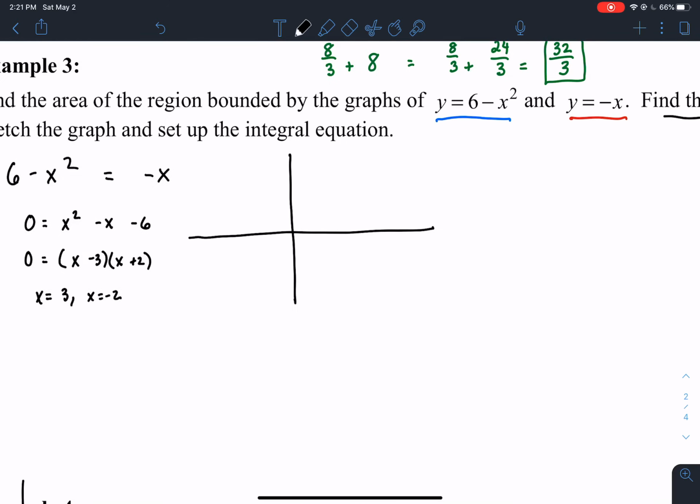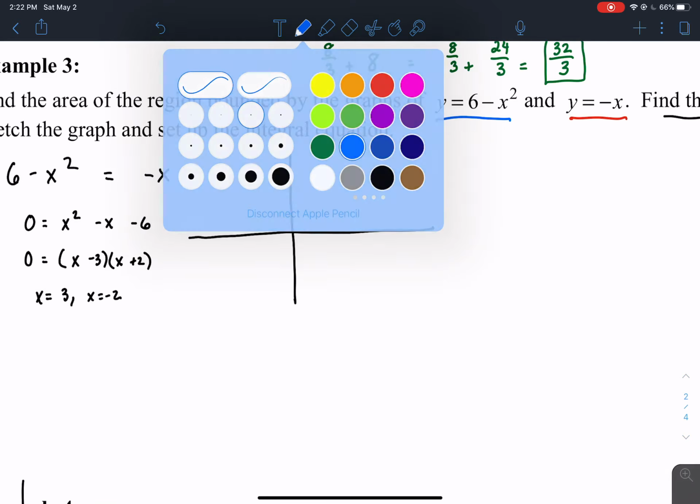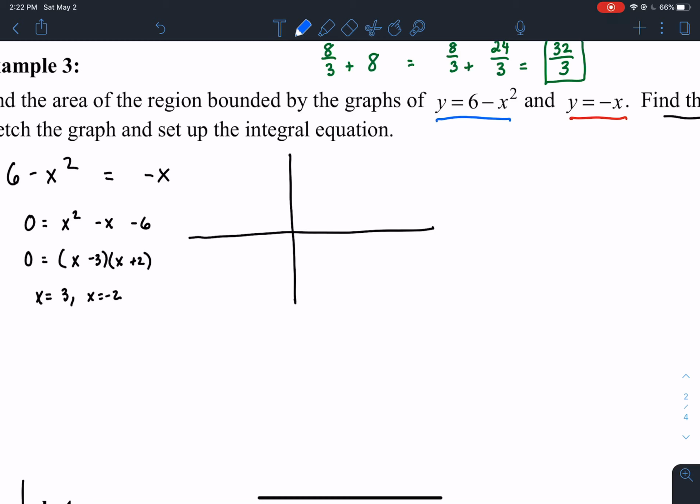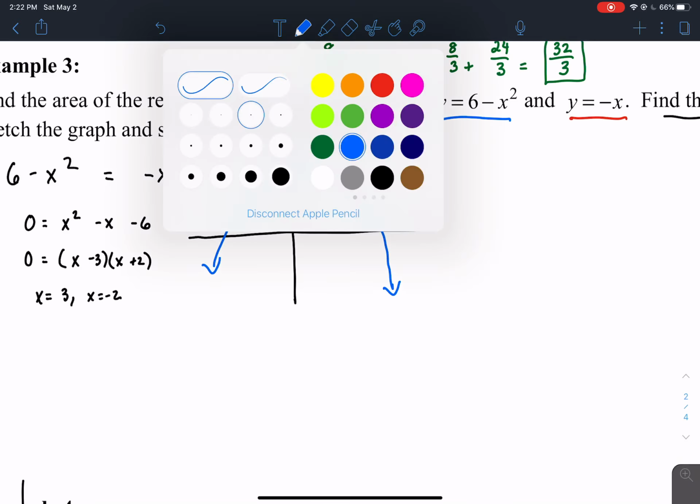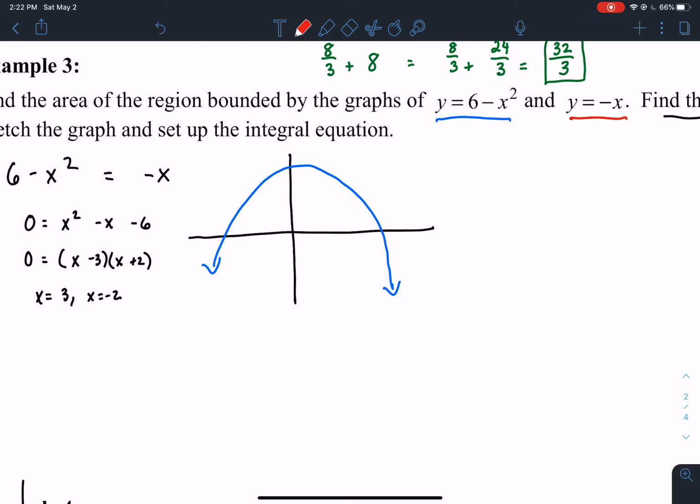So when I draw my graph now, I know that 6 minus x squared is a quadratic opening down, and I know that the intercept is 6. So it's going to probably look something like that. And then negative x looks something similar to like that.